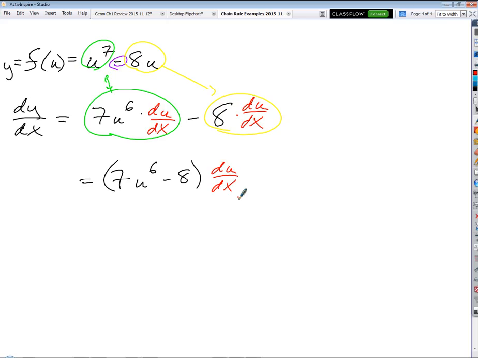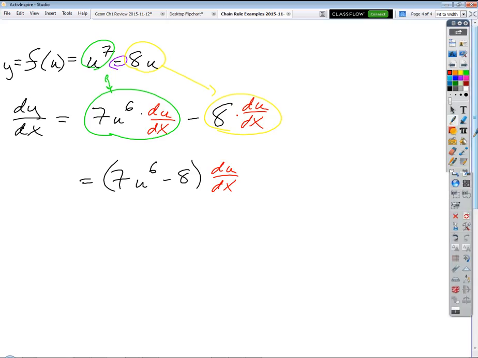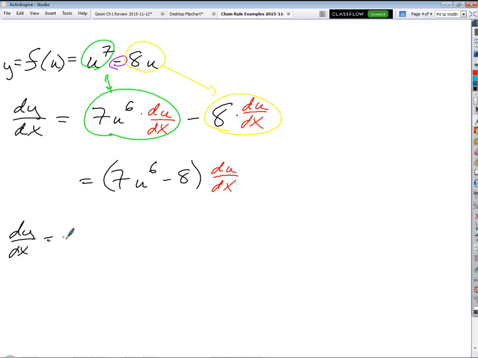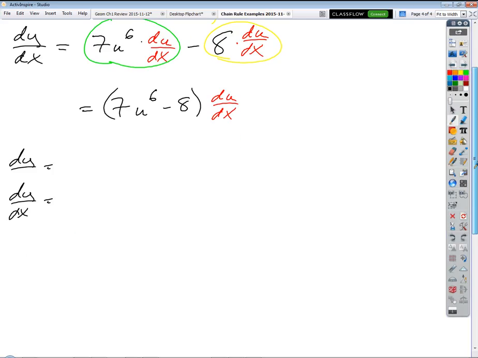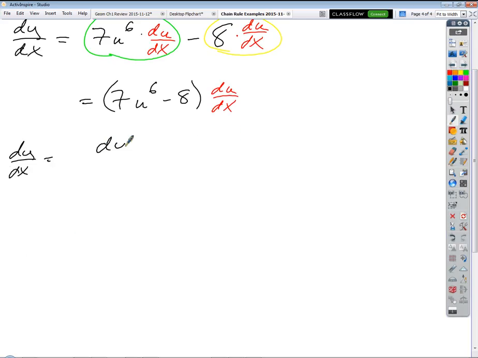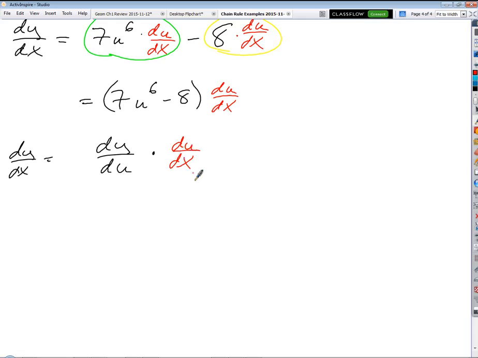Okay, now look at this. Isn't this the very same thing as saying dy/dx equals dy/du times du/dx?